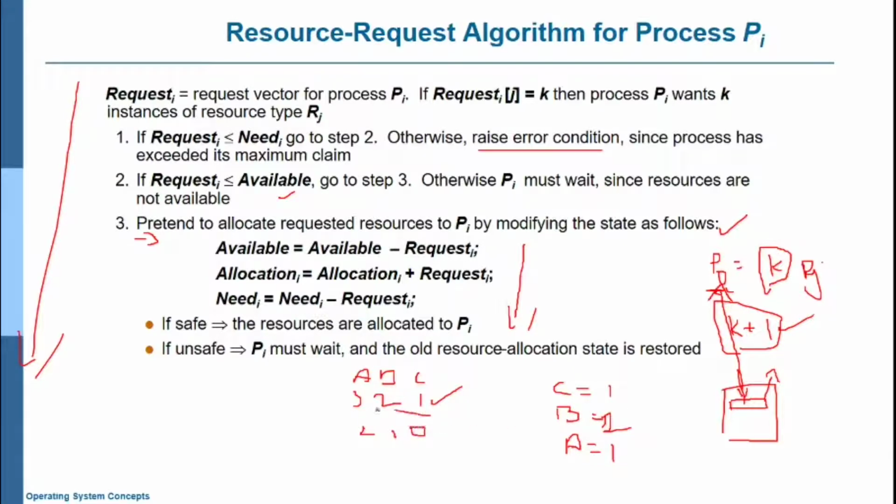Yes, we can allocate the resources available in the resource pool.